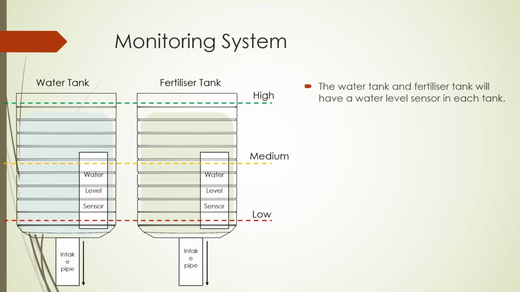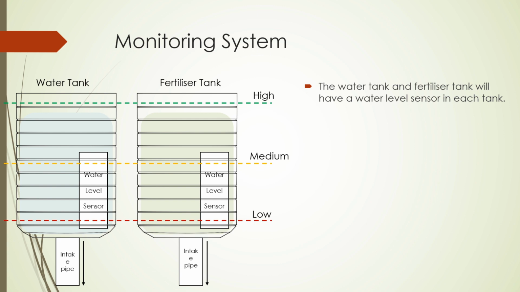Now, for the monitoring system, first we will look at the water level sensor. Both the fertilizer and water level sensors use the same concept. Over here, there are 2 tanks. One is filled with water and one is for fertilizer.